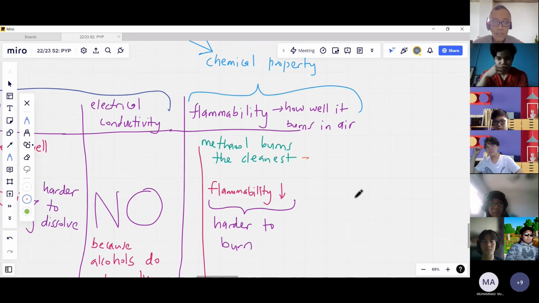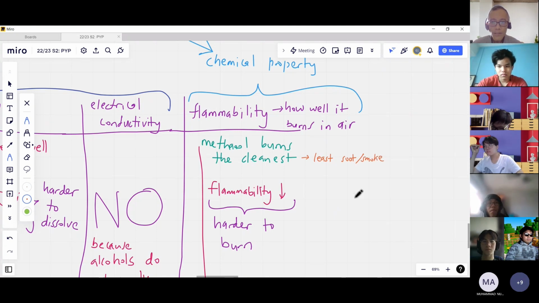It means that it has the least soot or smoke, and it tends to have the most complete combustion. Everything is burned off.